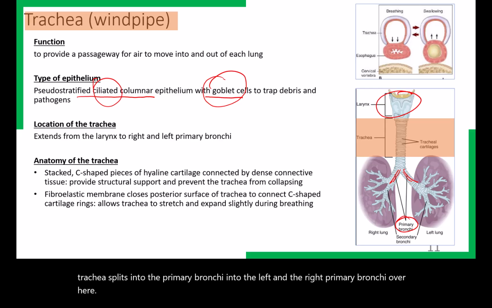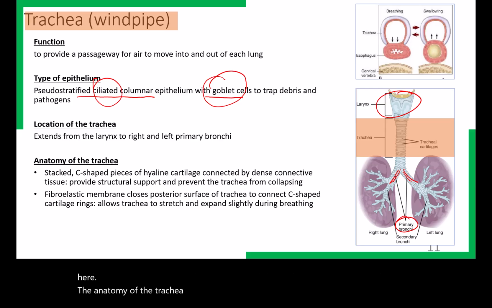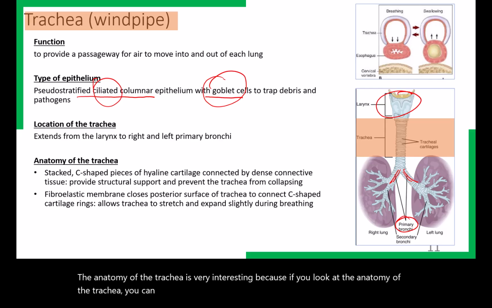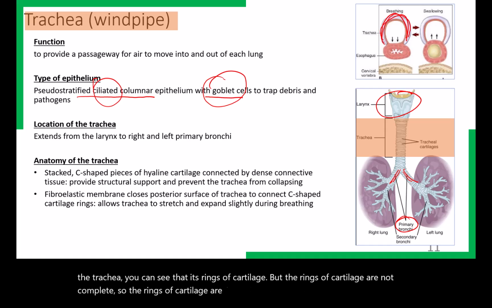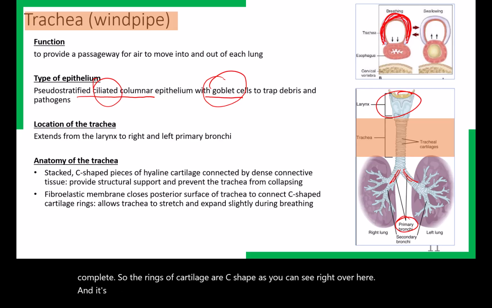The anatomy of the trachea is very interesting because if you look at it, you can see that it's rings of cartilage, but the rings of cartilage are not complete. So the rings of cartilage are C-shaped, as you can see right over here. And it's got a space where there's no cartilage right over here where the esophagus sits, right?